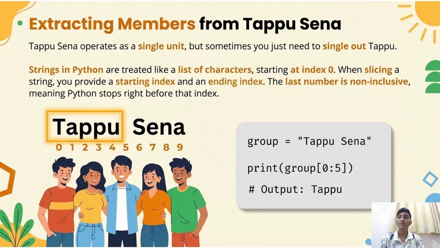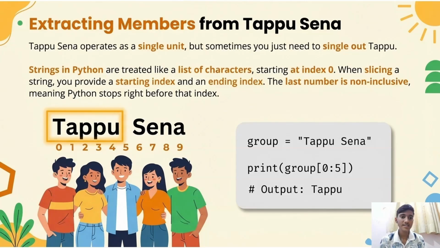Now we will learn about slicing in strings. Strings in Python are treated like a list of characters. Whatever we write has an index value. As we can see here in the example Tapu Sena, the T in Tapu has an index value of 0 and it moves forward to 9.